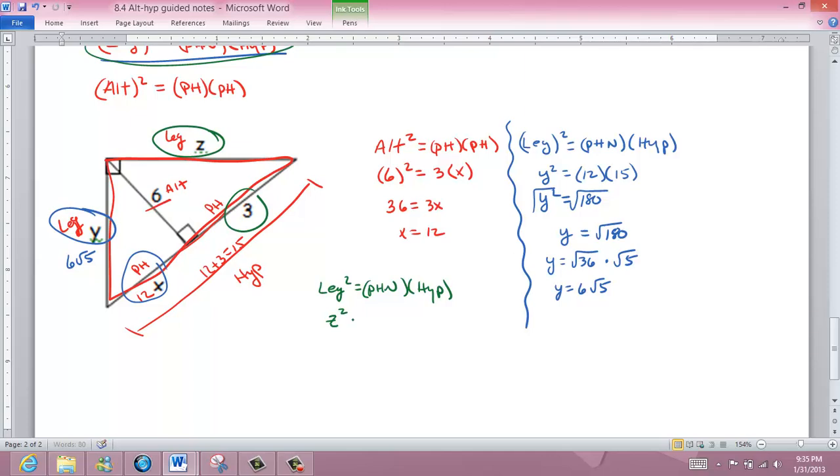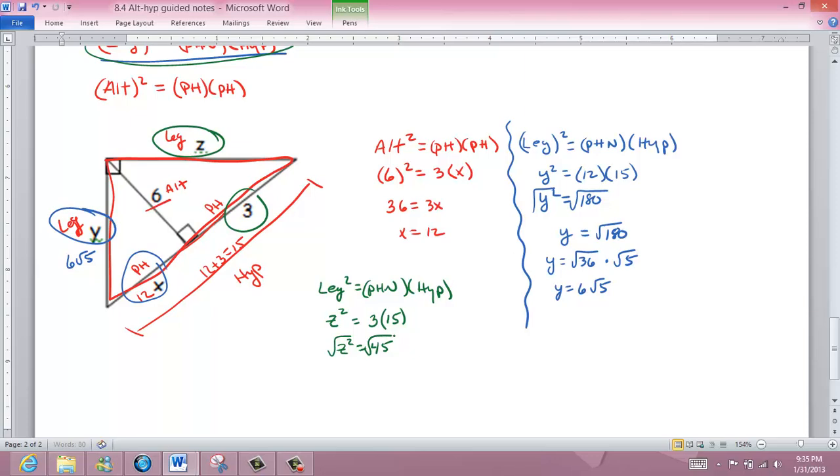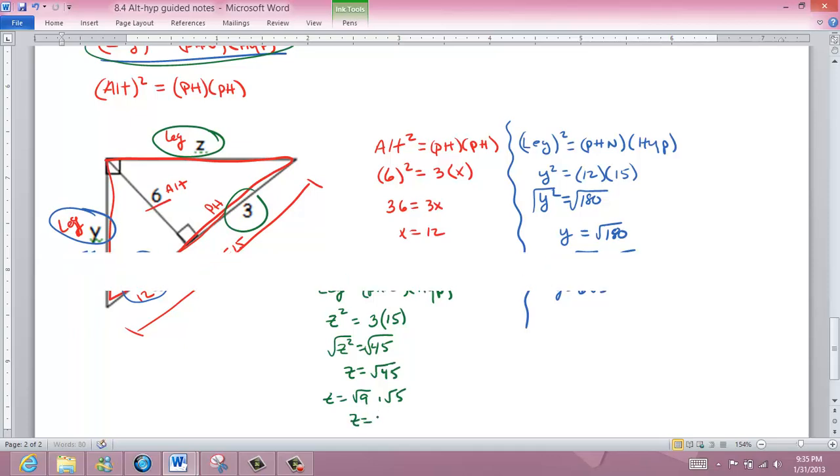So z squared equals 3 times the whole hypotenuse, which is 15. When I solve this, z squared equals 45. Take the square root. z equals the square root of 45, which simplifies into the square root of 9 times the square root of 5, which gives you 3 root 5.